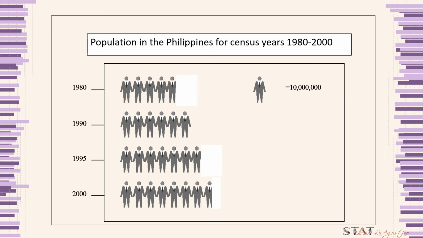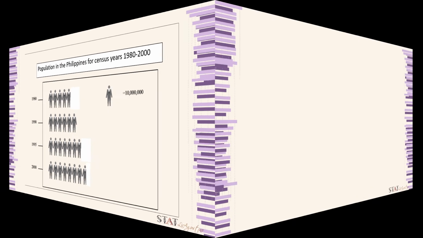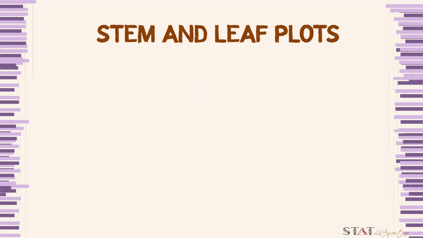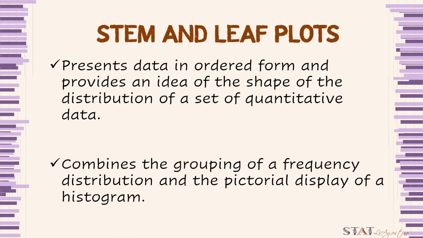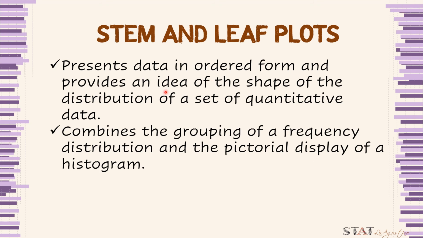Now let's proceed to stem and leaf plots. It presents data in ordered form and provides an idea of the shape of the distribution of a set of quantitative data. It combines the grouping of a frequency distribution and the pictorial display of a histogram.